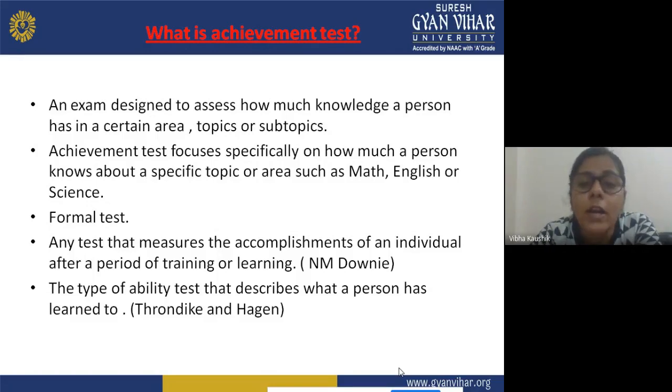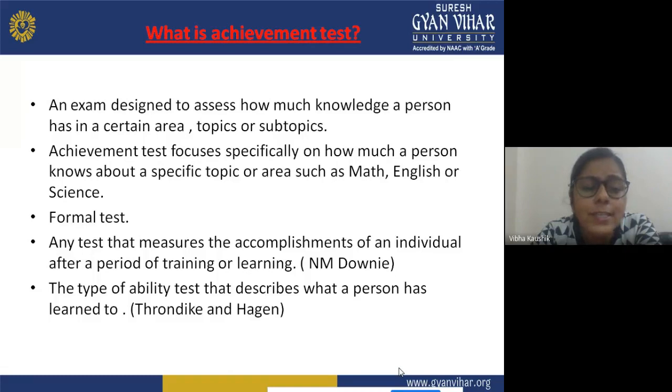Means when we are implementing an achievement test, it gives stress and importance specifically to how much a person knows about a specific topic, a particular topic or area or discipline such as mathematics, means how much you have learned or how much knowledge you have about maths, English or science.